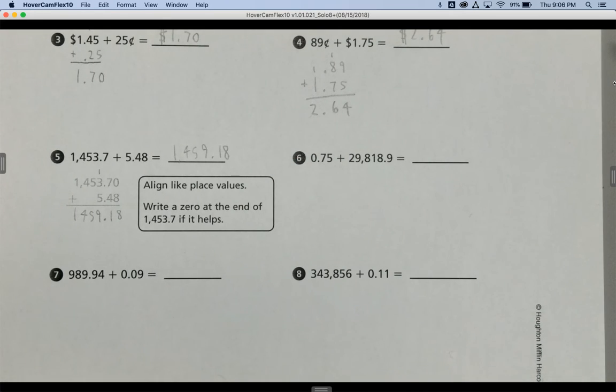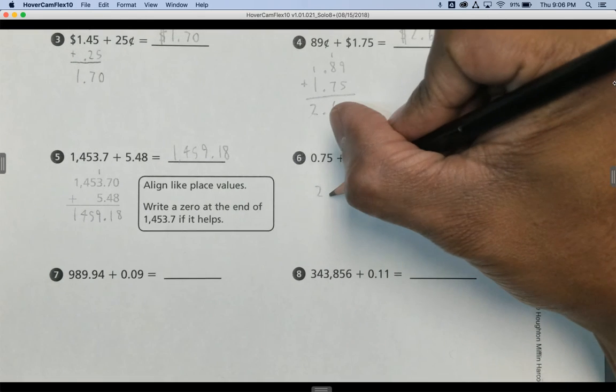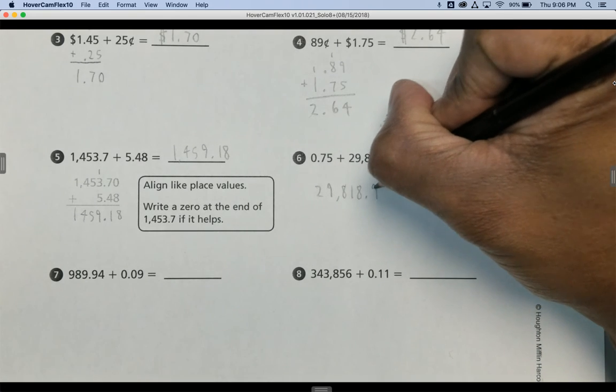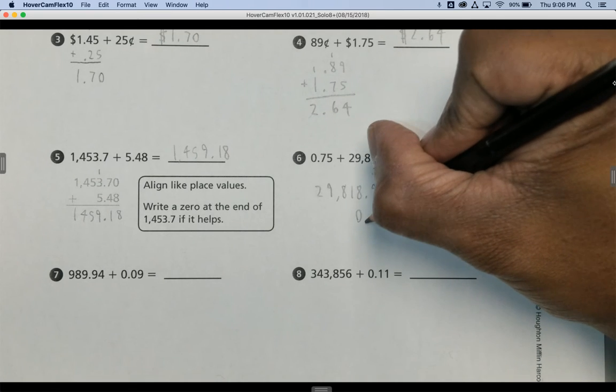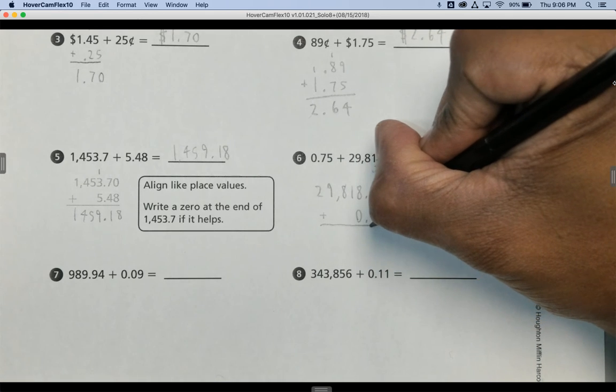Number 6. I'm going to copy the big number down first. And then I'm going to copy the smaller number down below it. I'll insert a 0 here.